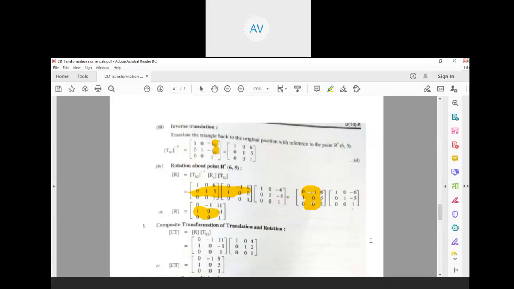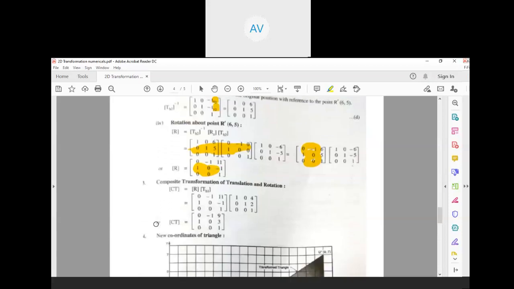So after getting this R dash, the rotation about point 6 comma 5, I will find out the overall CT. The overall CT will be this rotation CT into the original CT. The original translation matrix was 4, 2. So I will multiply these two and get the final composite transformation matrix over here.